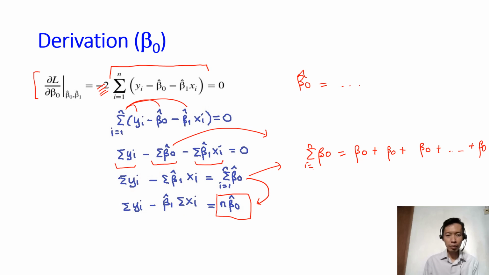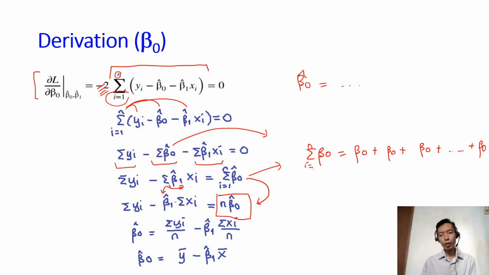And then at the same time, we may move this beta 1 to the front of the sigma because it does not have the subscript i. Okay, so because this sigma is for i equals 1 to n, this beta 1 does not have anything to do with i, so it can go out from the sigma.